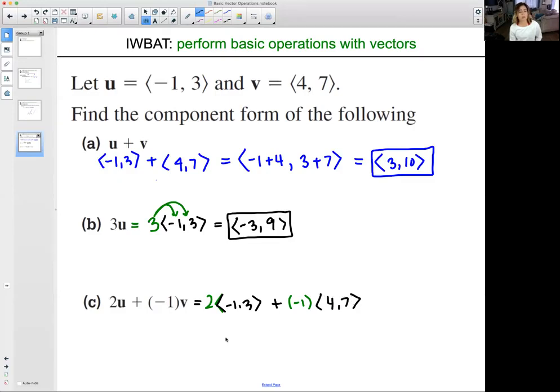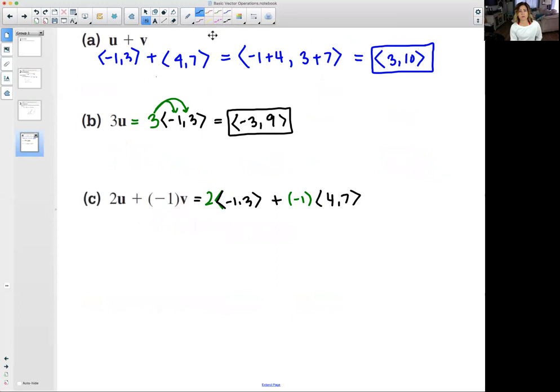When you get multiple operations together, remember to just follow order of operations. Order of operations says to multiply first. So we will do the scalar multiplication first, and then we'll actually add those 2 vectors. So let's go ahead and multiply the 2 in. So we're going to get -2, 6. And then we'll multiply the -1 in. So we get -4, -7, sorry.